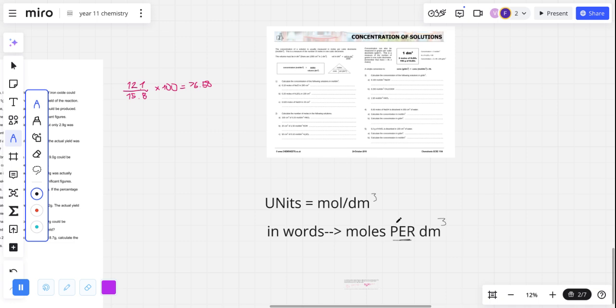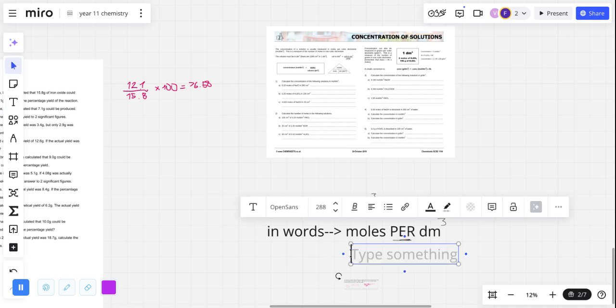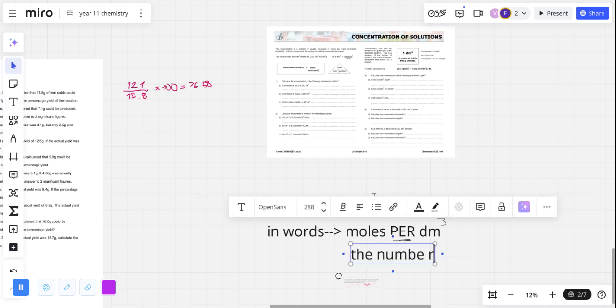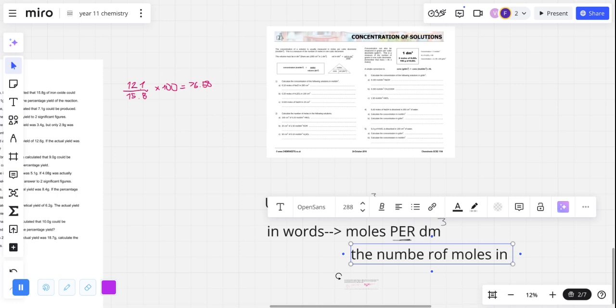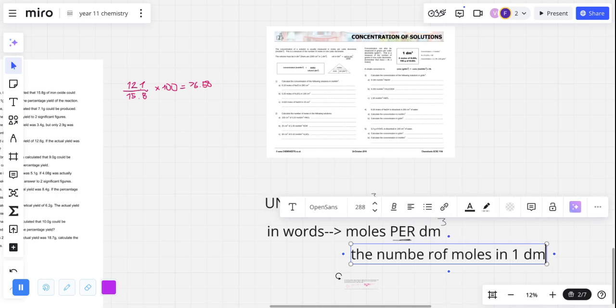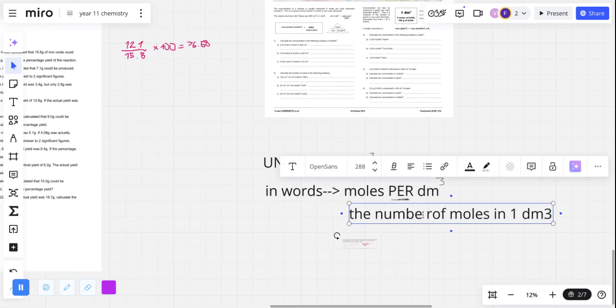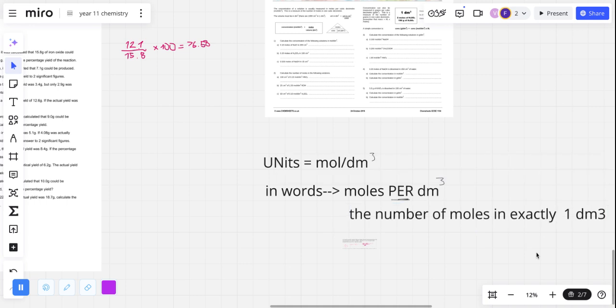And what that means is, this is the number of moles in 1 dm³. That is what concentration is: how many moles you've got in exactly 1 dm³.